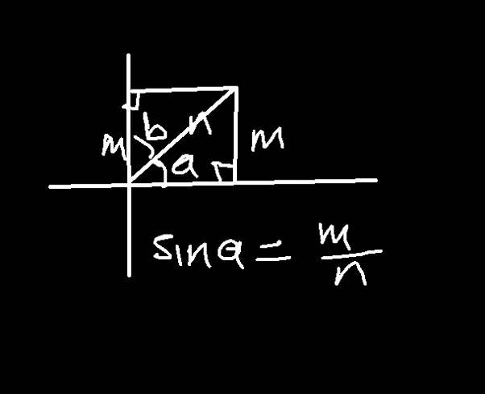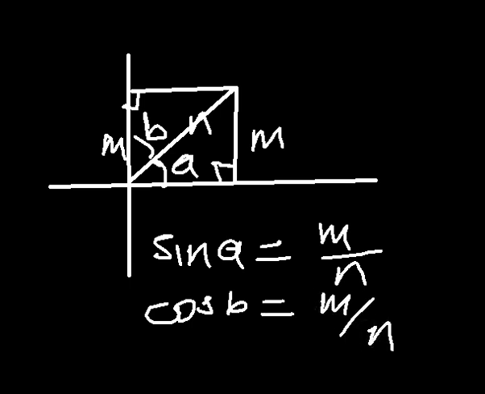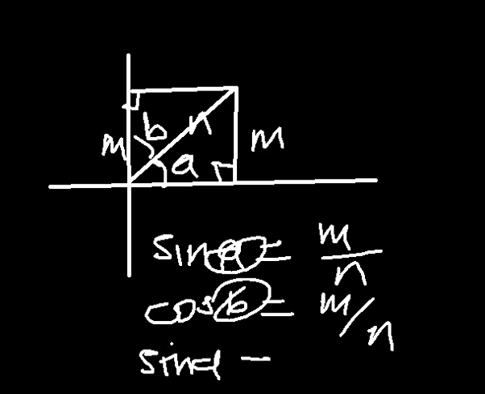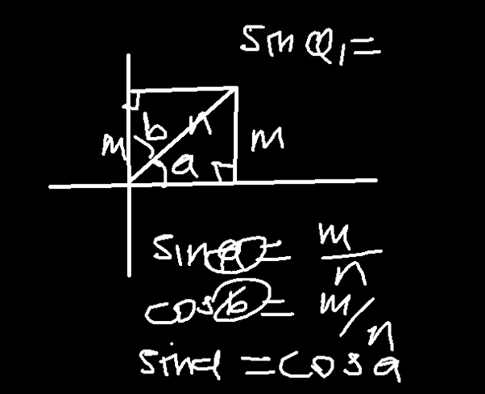So we have the adjacent and the hypotenuse for angle B. That will be given as cos B, which is equal to M over N. At the end of the day, provided A and B are complementary angles, then the sine of angle A is the same as the cos of angle B. And likewise, even if we have the sine of angle theta 1, it is the same as the cos of angle theta 2, provided these angles are complementary angles.